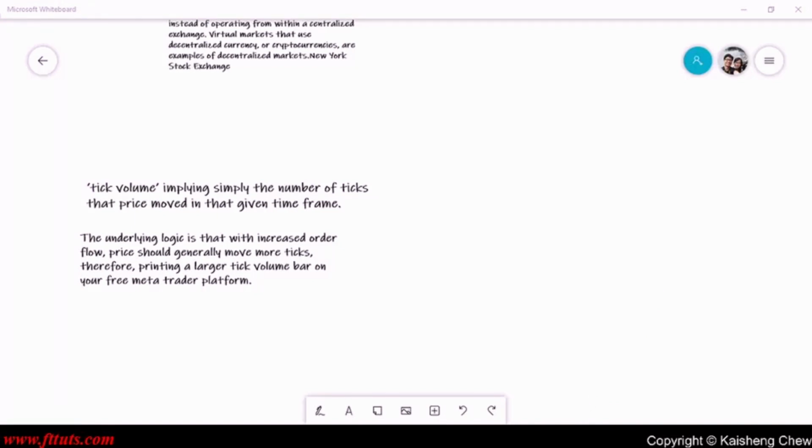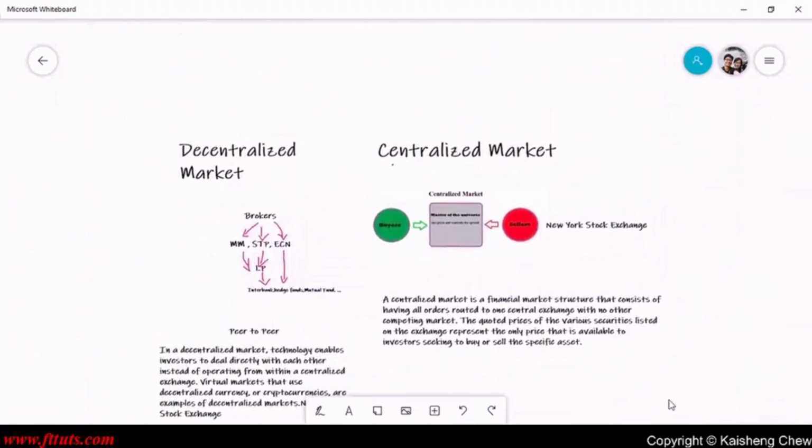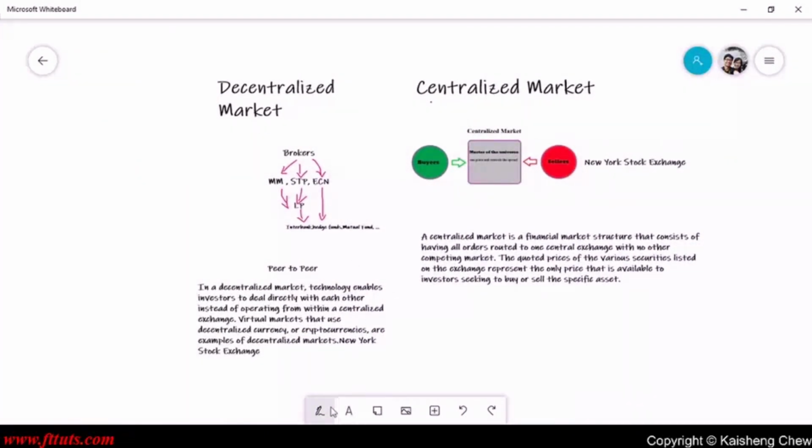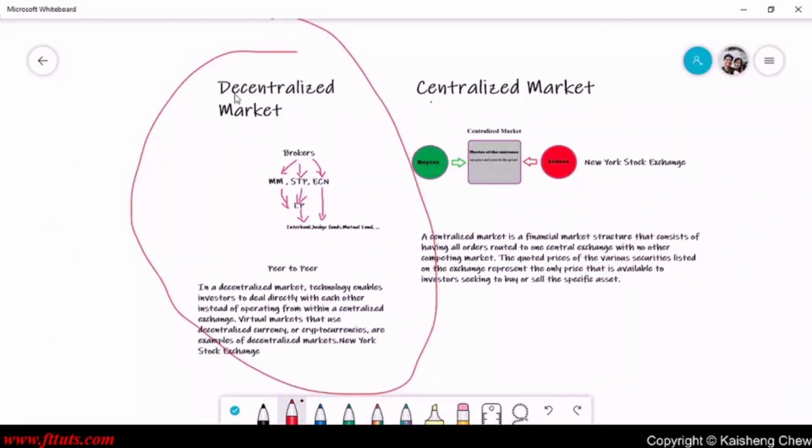Just now I explained what decentralized and centralized markets are. Partly this is true as well: because it's decentralized, the volume is not real. The volume shown inside your MT4 is not the real volume of your orders, it's just a tick volume.